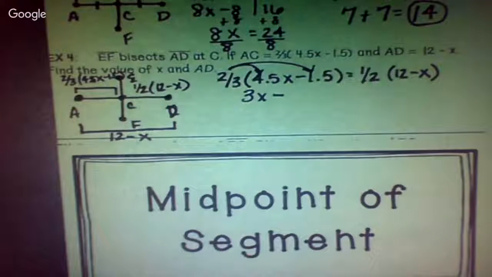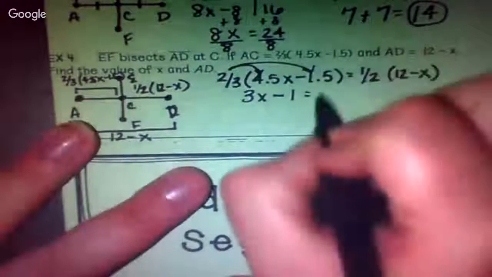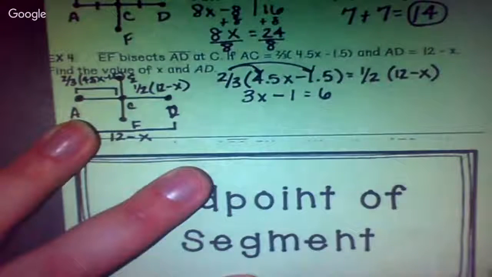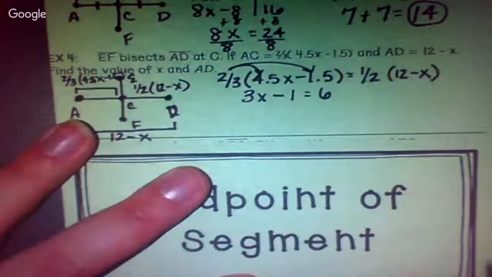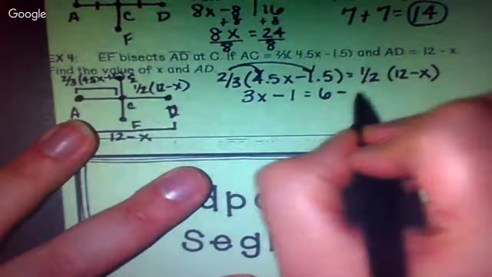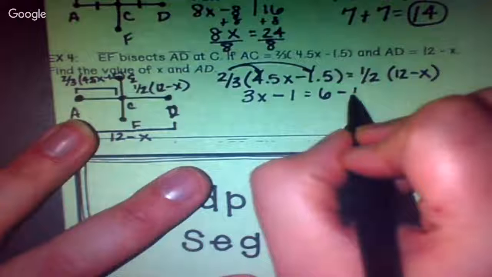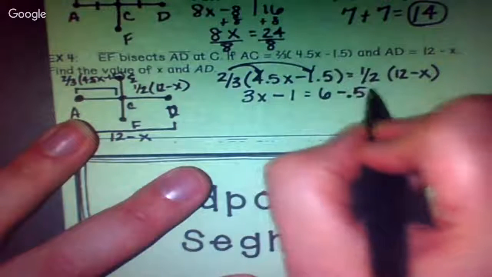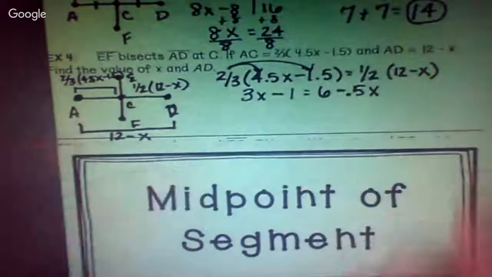Negative 1. And what's half of 12? 6, and half of negative x is negative 1/2 x. I'm going to change it to 0.5 because you guys like to deal with decimals better than you like to deal with fractions.